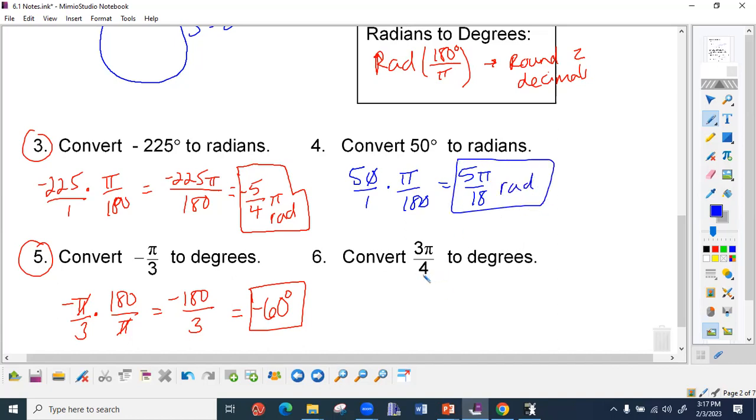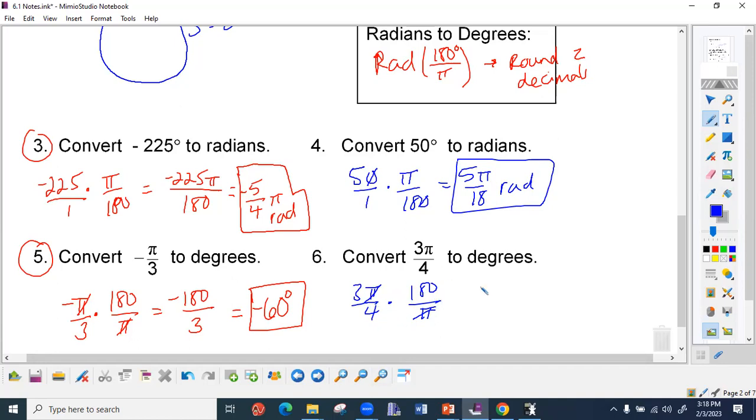Now we have 3 pi over 4. So we have 3 pi over 4 times 180 over pi. What happens? Pi's cancel. If you wanted to get a head start, could I have divided 180 by 4? Technically I could.